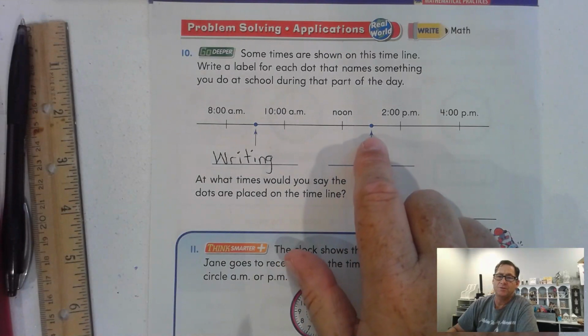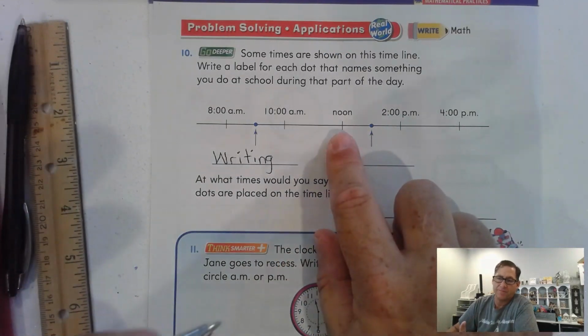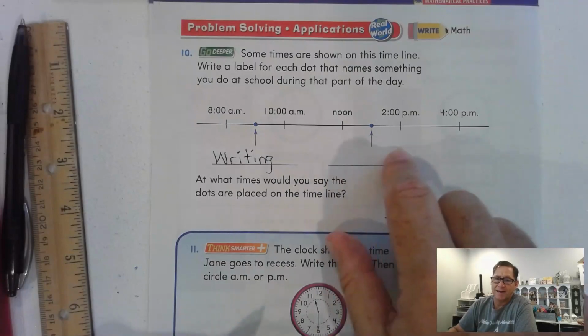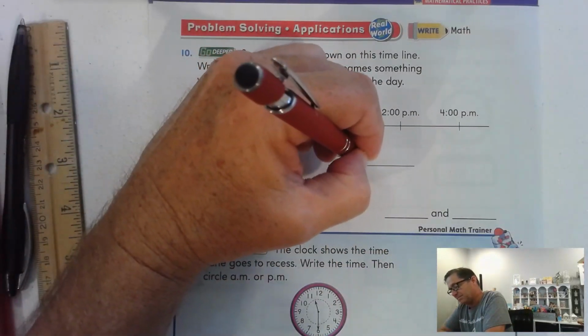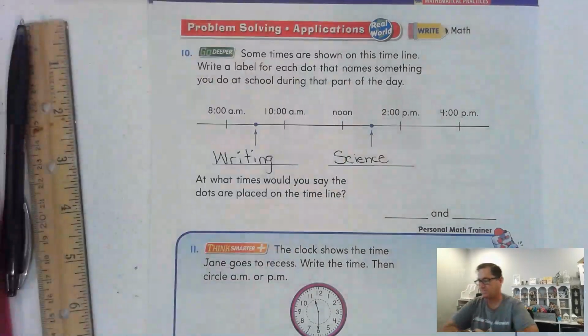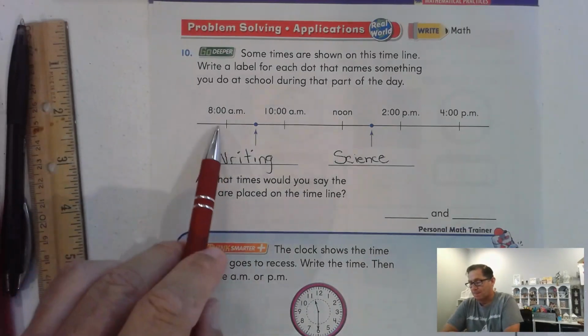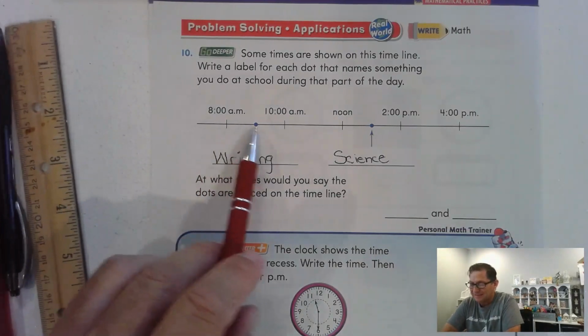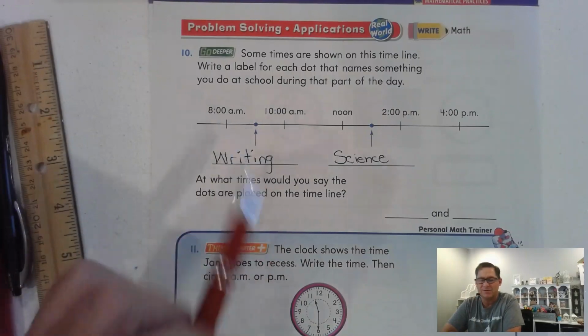And then in the afternoon, before 2 o'clock, you probably already had lunch and you're back in class. Maybe you're doing science. At what times would you say the dots are placed on the timeline? Well, it's slightly past 9. 9 would be exactly in the middle.